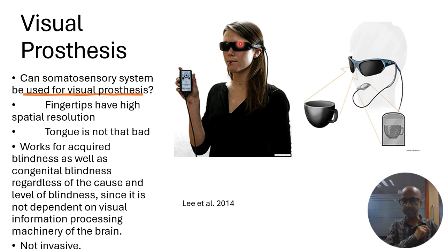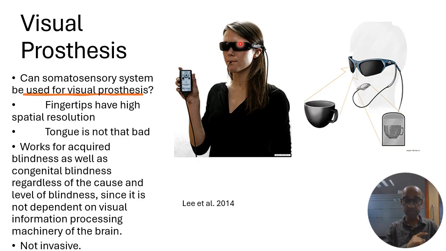The advantage that this has is, one, we saw that this is non-invasive, right? You don't need to drill holes in the skull or cut open an eye to stick in electrodes. So you don't have to worry about a whole lot of pain and suffering, as well as immune reaction kind of problems, right? You can simply place an electrode stimulating pad on the tongue and you're done.